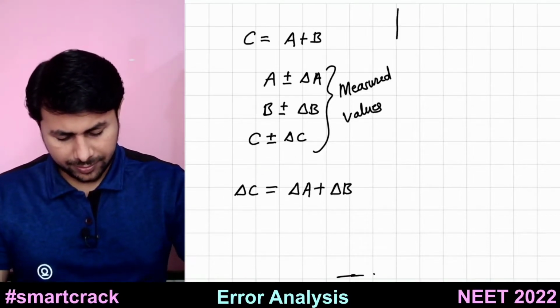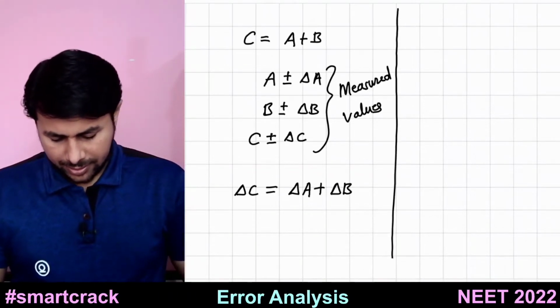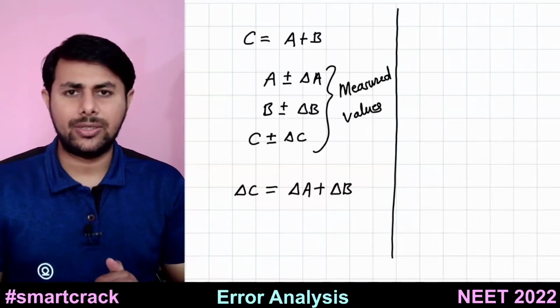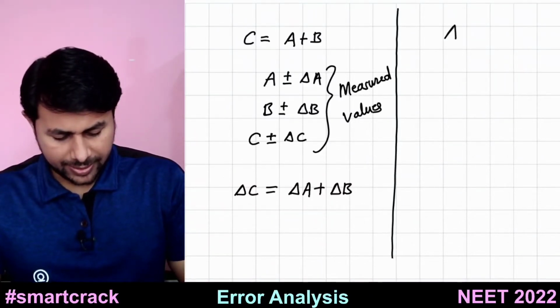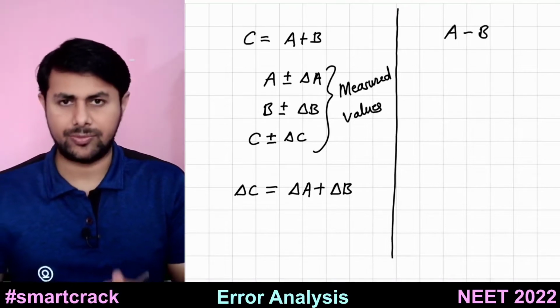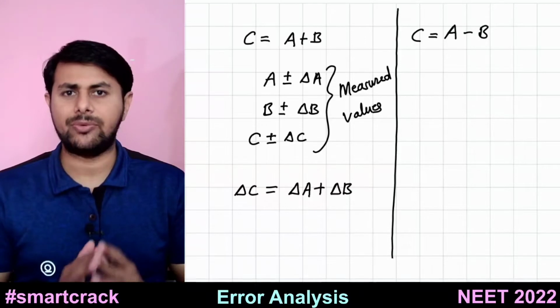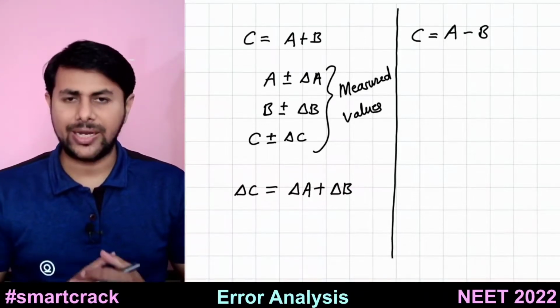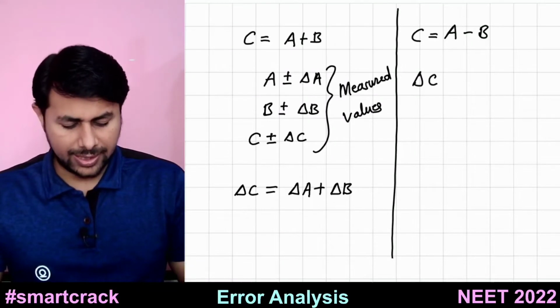All right, and even if we have a subtraction, when we subtract a quantity from another quantity to get some resultant, suppose C equals A minus B, in this case also the errors are added.